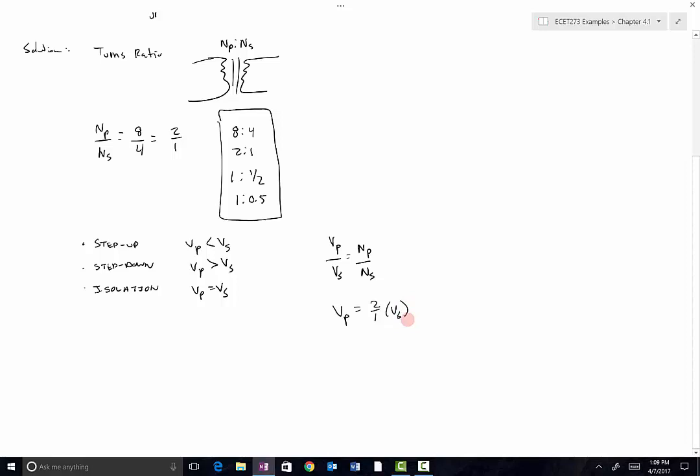So we see that this is a step-down style transformer because V_P is larger than V_S. It takes 2 V_S's to equal 1 V_P, so V_P is larger. So the answer to this is that the transformer is a step-down type transformer, as was determined by looking at the turns ratio.